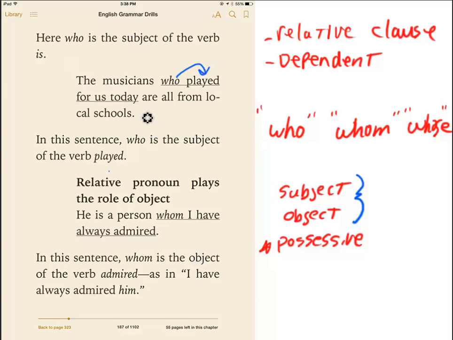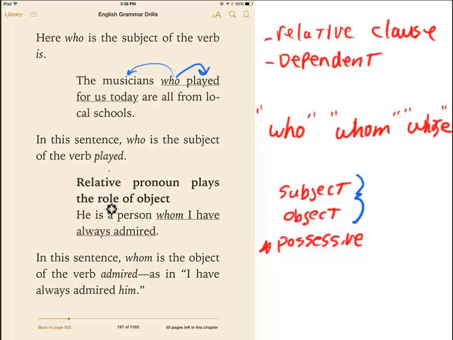Okay, it's doing the action. So this is the subject, okay, of the adjectival clause. Okay, it's renaming musicians. It says in this sentence, who is the subject of the verb played? Okay, who is playing? Who's doing the action? Okay, it's the subject. Okay.